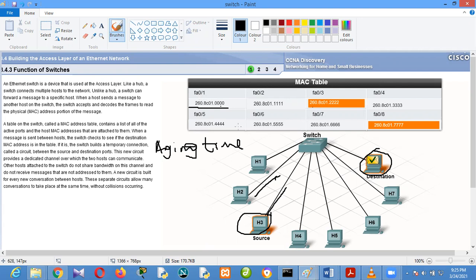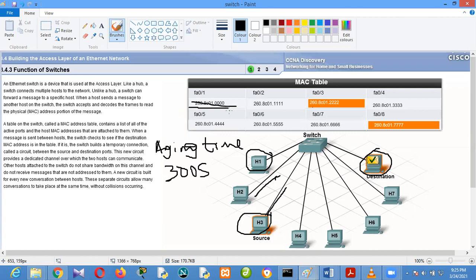If this record is for H1, and H1 never communicated with any host and no host communicated with it within 300 seconds, the switch will delete the information about H1 from the ARP table.